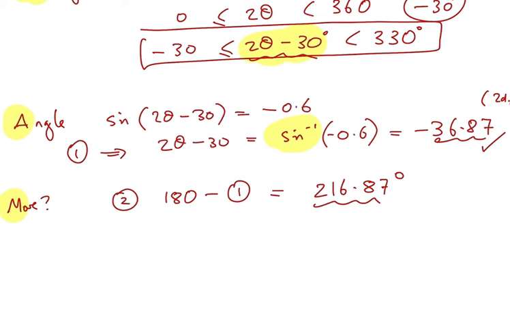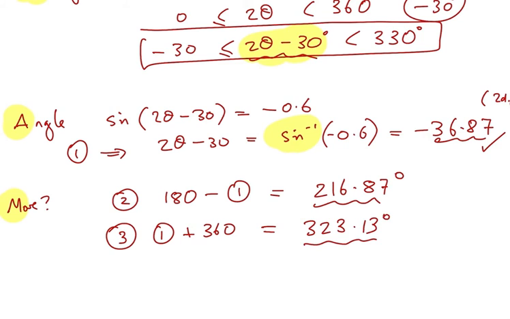So that's my second solution. What about another solution? Remember, we do number 1 plus 360 degrees. Well, it could be plus or minus, but I'm just going to do plus. And this is going to give me 323.13 degrees. Now that's just in the range. You see this range here? It's just made it.